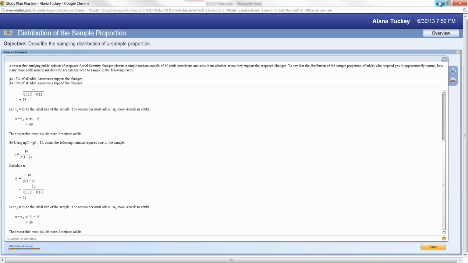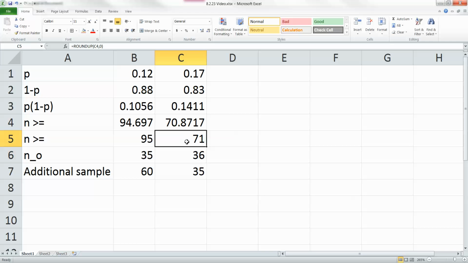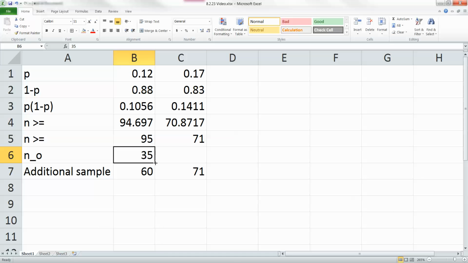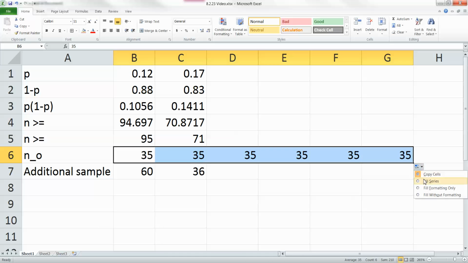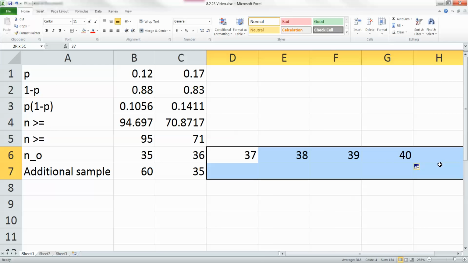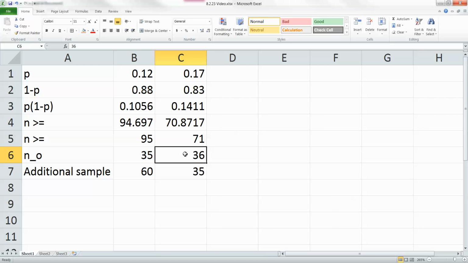It changed the 35 to 36. We want that to be 35 still, because that hasn't changed. Sometimes when you drag across, it'll change the numbers, so just be careful. If that happens, go in and change it. Make it 35 every time.